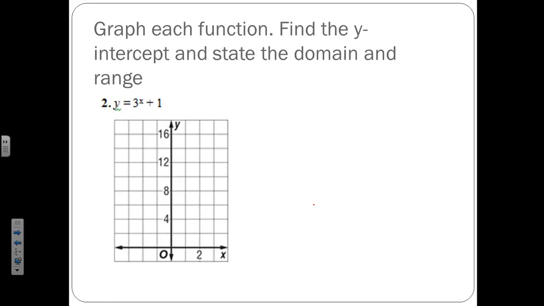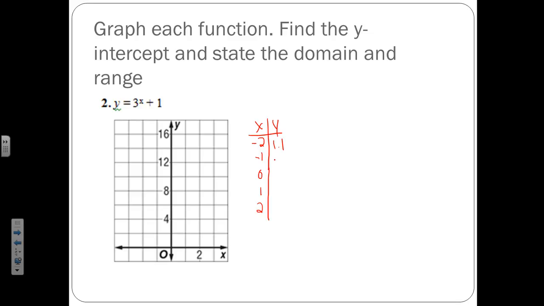Now let's take a look at number 2. We want to graph 3 to the x plus 1. Again, we're going to start with a table. So when I plug -2 into this equation, I get 1.1.